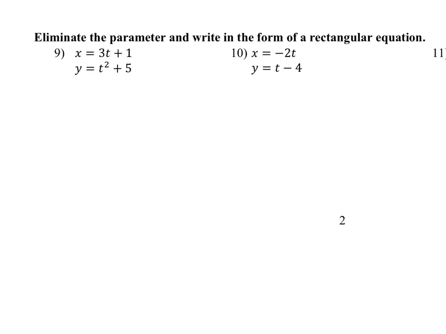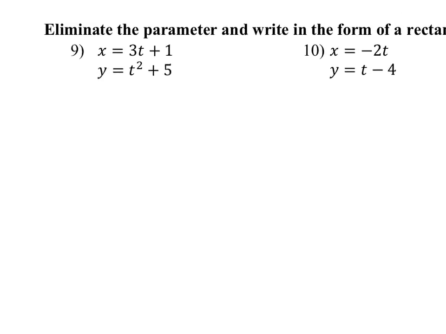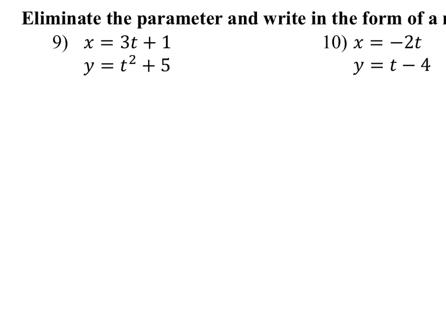All right, in the last few problems, we're going to eliminate the parameter and write in the form of a rectangular equation. So I'm going to make this a little bit bigger. The first thing we need to do is solve for t in one of our equations. I'm going to solve for t in this equation right here. I think it'll be easier for this one.